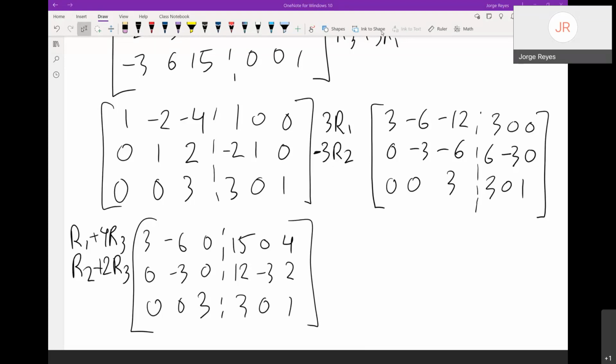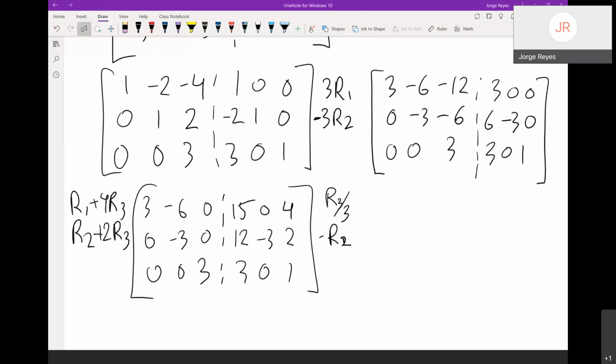So now what I'm gonna do, actually, just to make things a little bit easier, is I'm gonna do row 3 divided by 3 because we're pretty much done with it. So I could do that now. And then I'm gonna multiply row 2 by -1 just to get the minus signs to line up nicer. Okay.